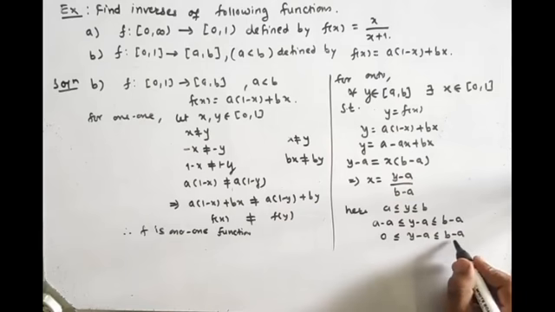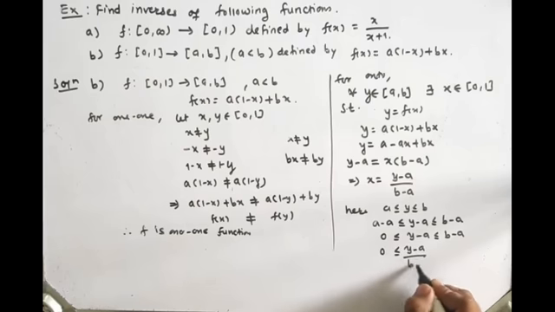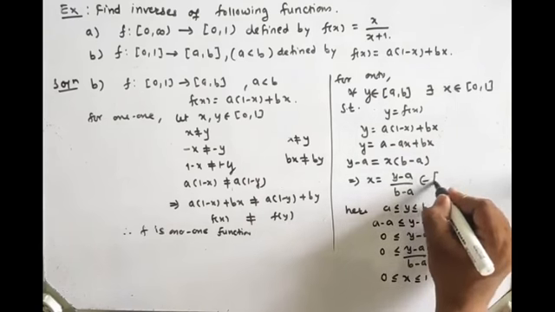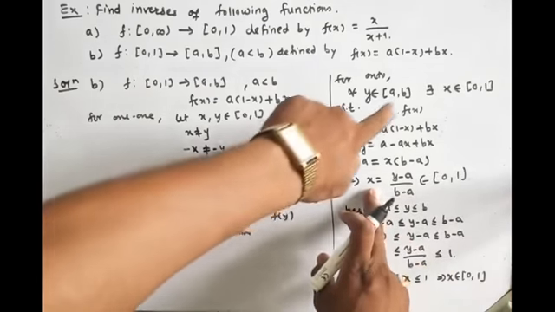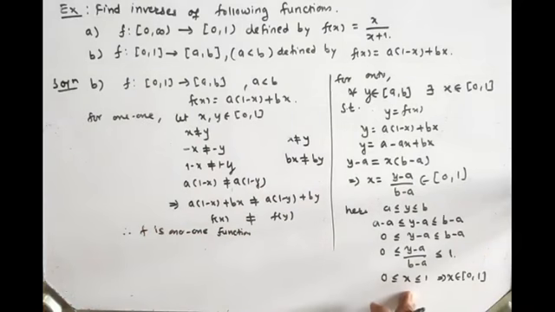Divide throughout by b minus a. What will we get? 0 is less than or equal to y minus a upon b minus a, less than or equal to 1. So this value belongs to 0 to 1, meaning this value is the value of x. So 0 is less than or equal to x less than or equal to 1, meaning x belongs to 0 to 1. So for all y belonging to closed ab, there exists x belonging to 0 to 1, which means the function is onto. That implies f is an onto function.